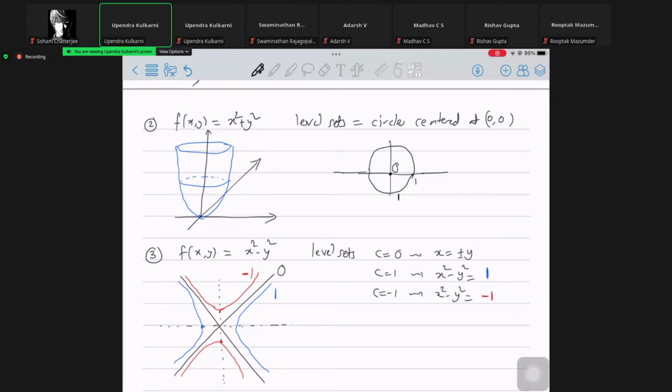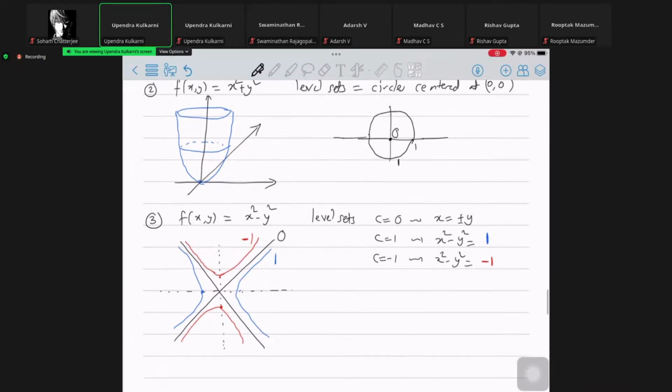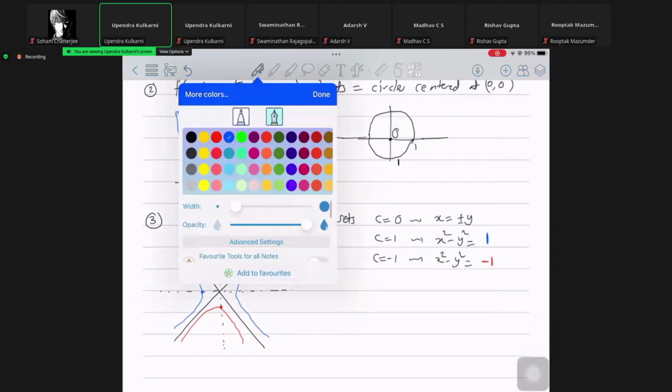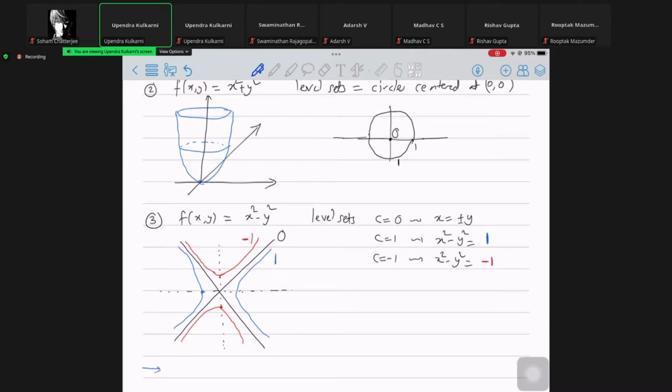And then it keeps further reducing until I become 0. Correct? So as I come in this direction, let me color this, in this direction, I start from infinity to 0 to infinity, correct?